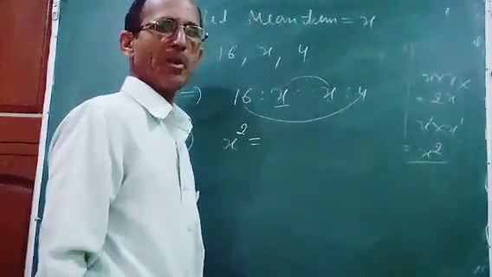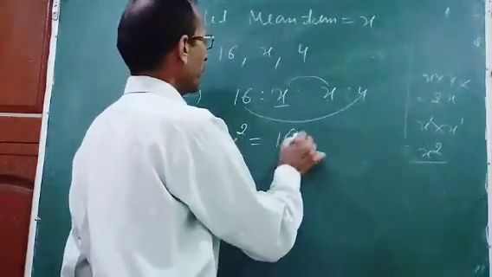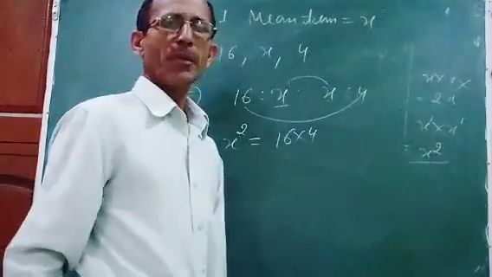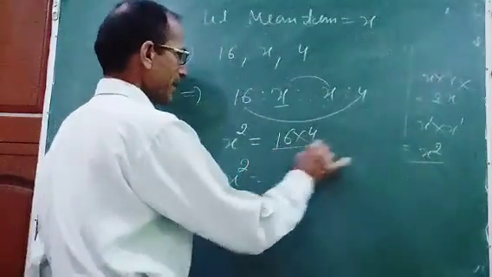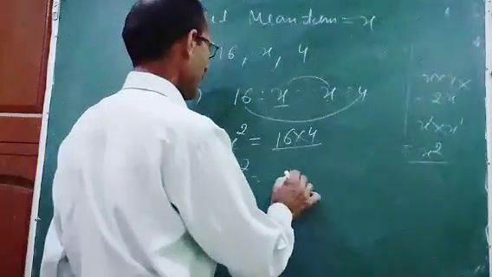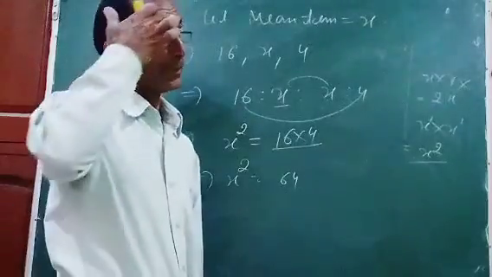I have noticed so many times students doing this. So 16 multiplied by 4 is 64, and the other side is x square. Now students, one more new thing for you.